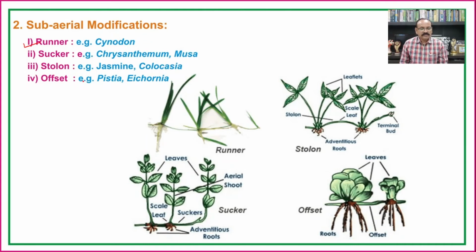In this plant, we will find the stem is creeping on the surface, having long internodes, and running horizontally on the soil surface, and from the nodal region there is a development of axillary buds, scaly leaves, and roots also. These roots which are developing from the nodal region are the adventitious roots.